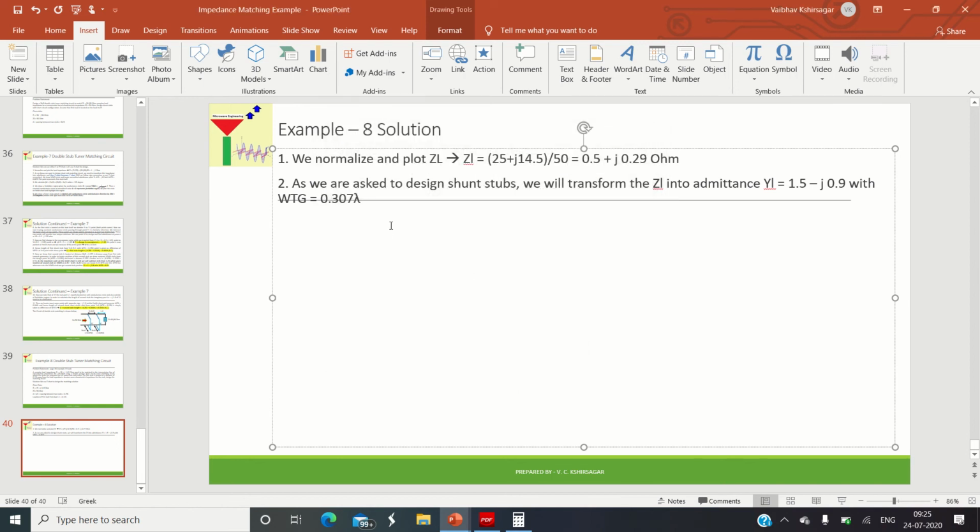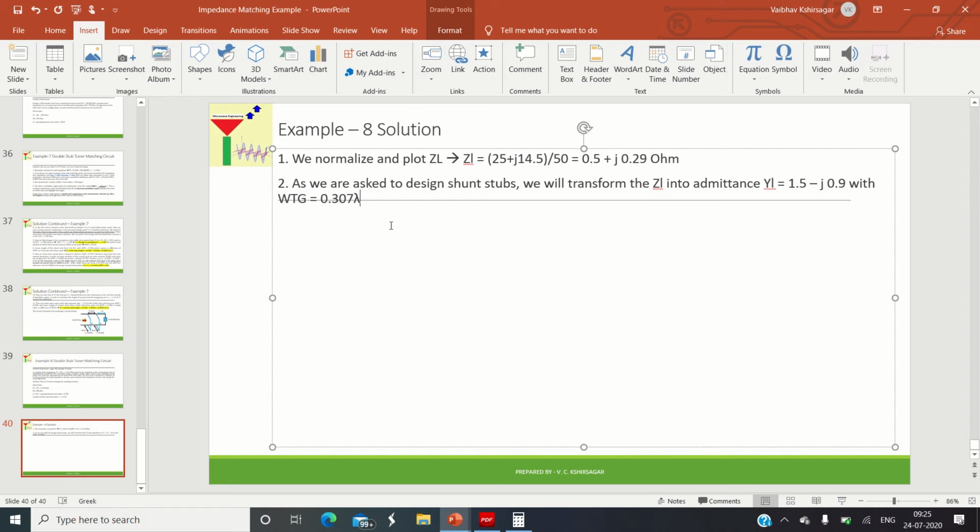So what we have done is converted the load impedance into the corresponding load admittance by drawing a VSWR circle. This procedure is important because we want to design a shunt stub, so that's why we need to convert the impedance into admittance. I hope you understood this step, and it is a very important step.